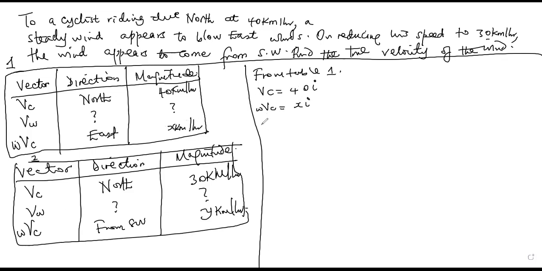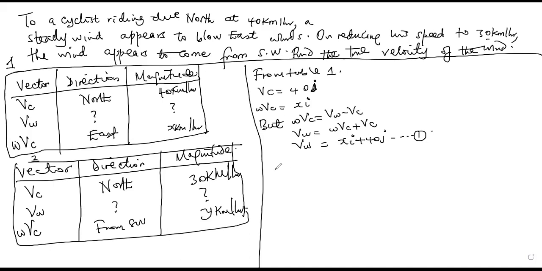But velocity of wind relative to the cyclist is the same as velocity of wind minus velocity of cyclist, right? So velocity of wind is equal to velocity of wind relative to the cyclist plus velocity of the cyclist. So velocity of wind is going to be xi plus 40j. This 40j because it is north. I call this one my equation 1. From table 1, I've got equation 1.